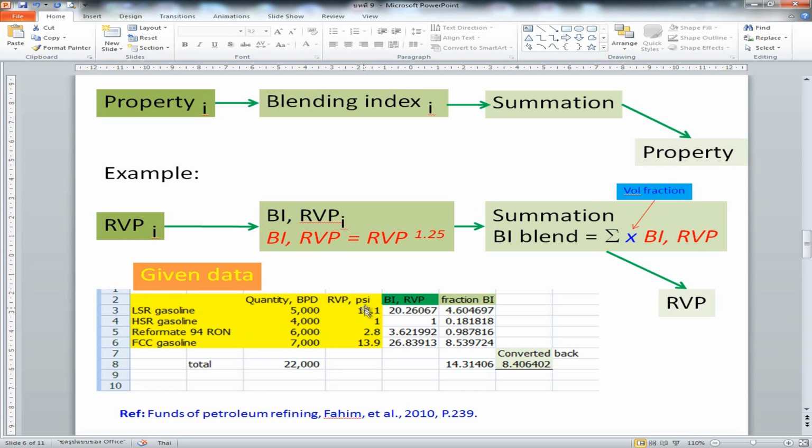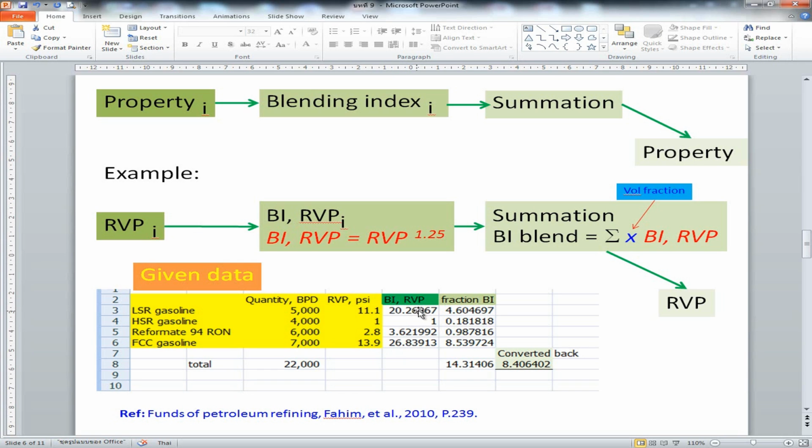We know what the RVP for each one is, and then we need to convert that to the blending index. The way to do that is that the blending index of RVP equals its RVP to the power of 1.25. For example, we have 11.1 to the power of 1.25, so what we get is 20.26. Do that for the rest of the products here.